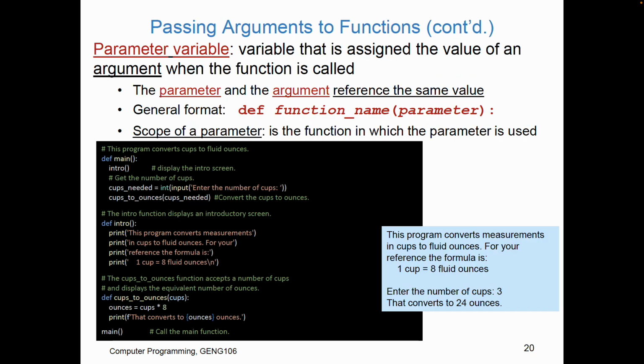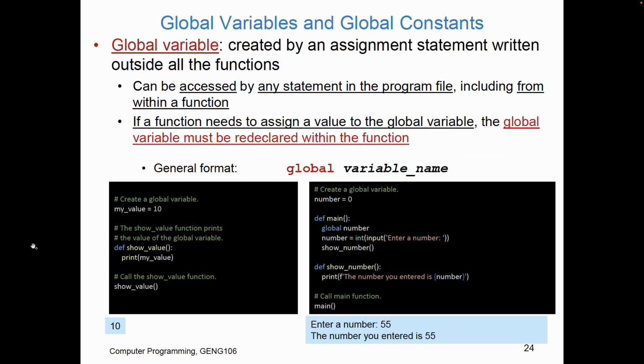But then what is a global one? In a global one, we define a variable not inside any function. Like in this example, we have my value is 10, but it's not defined within a function. It is above the functions, outside the functions. Now this becomes a global variable.